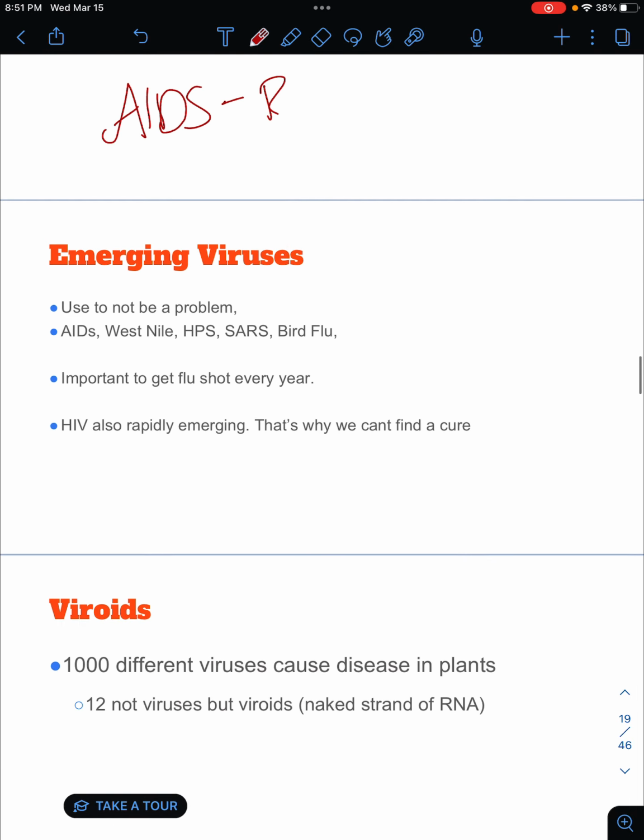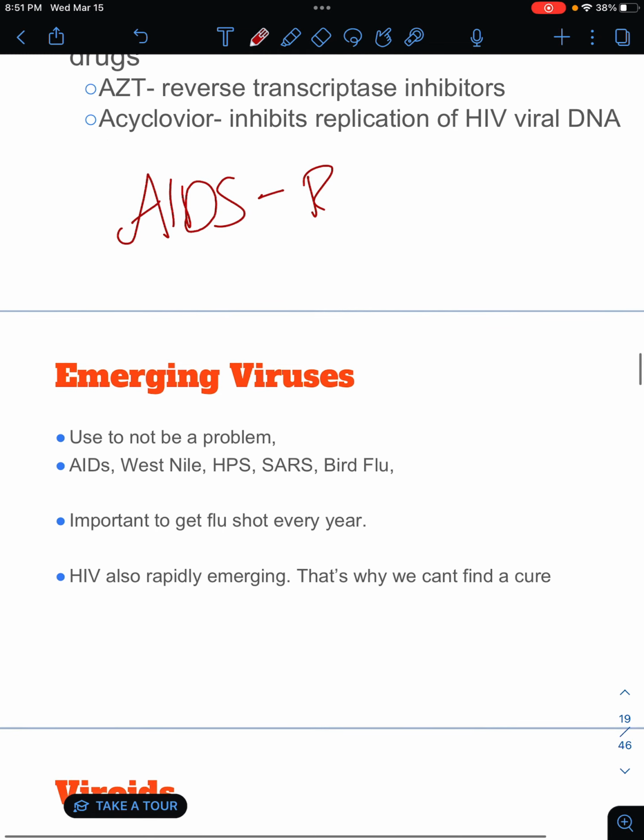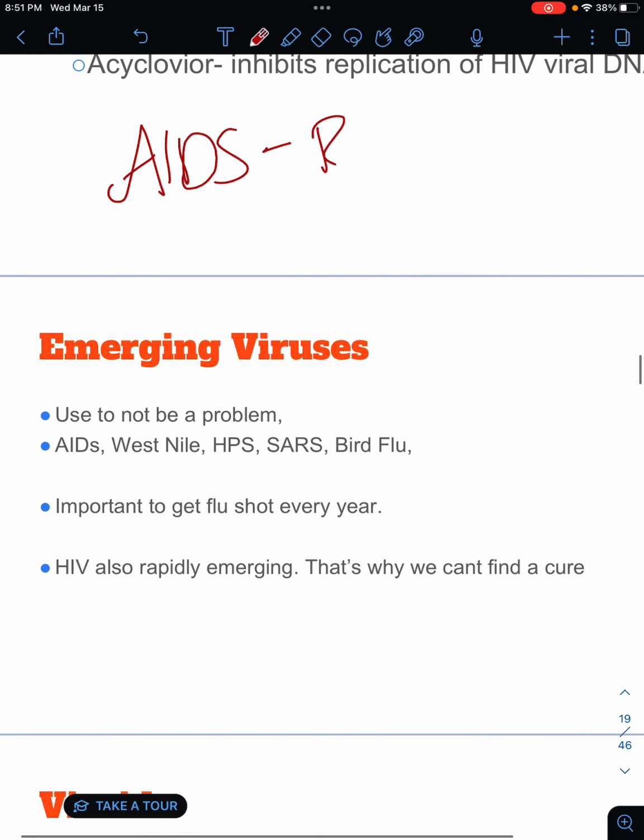We have three more. All right, so there are some emerging viruses out there. This used to not be a problem. Now it is. The AIDS outbreak, West Nile virus, HPS, SARS, the bird flu. We could go on and on, right? Could add COVID to this.